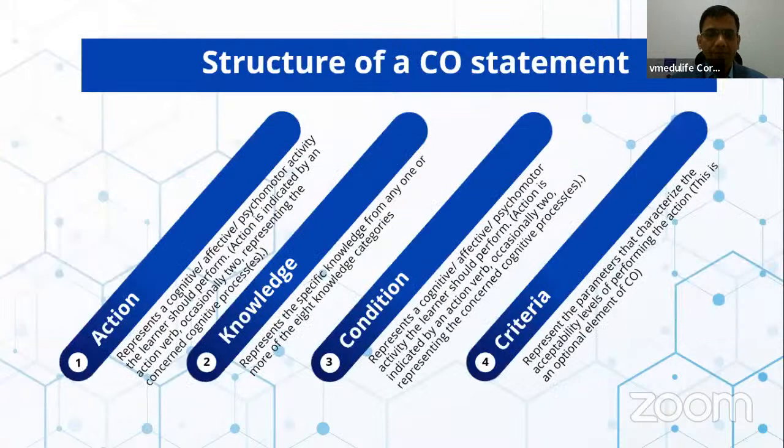Okay, now this is an important slide. If we look at the designing of the statements of the CO, usually we frame them like: the students will be able to learn the concepts of XYZ, or students should be able to apply the skills of, for example, XYZ.